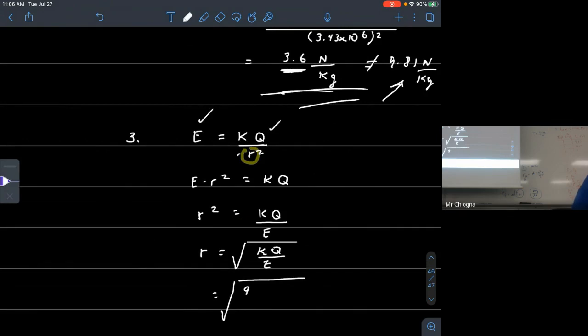K is 9 times 10 to the 9. Q, in this case, is 4.6 microcoulombs. Electric field, 2.75.